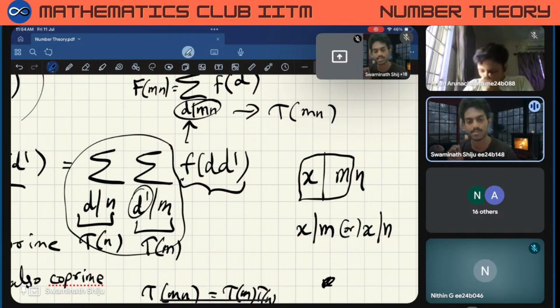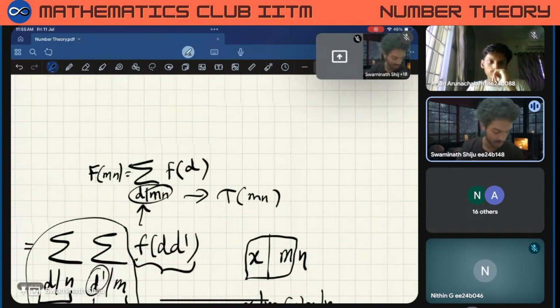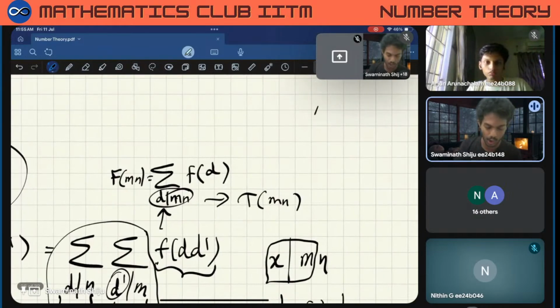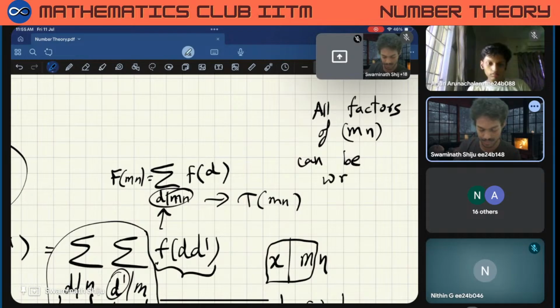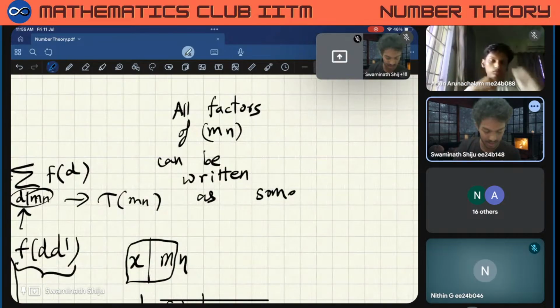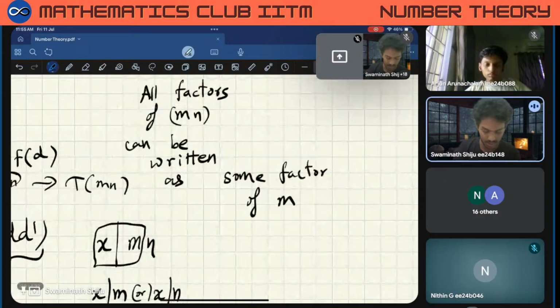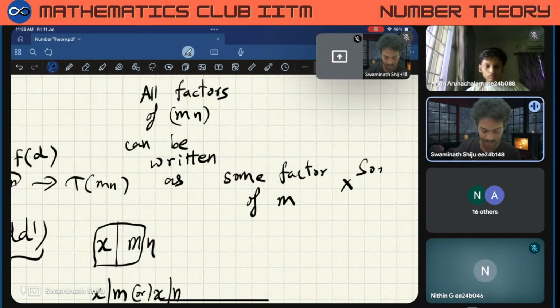It's a bit convoluted argument, but if you have any confusions, please put it in the chat. What I want to say is, all factors of mn can be written as some factor of m into some factor of n.